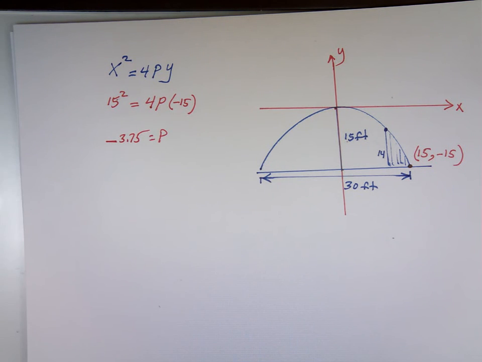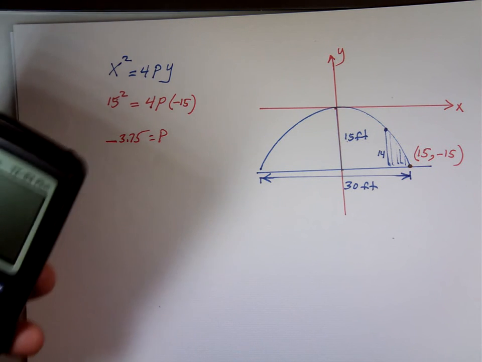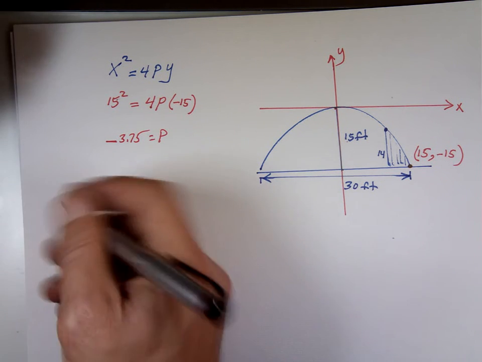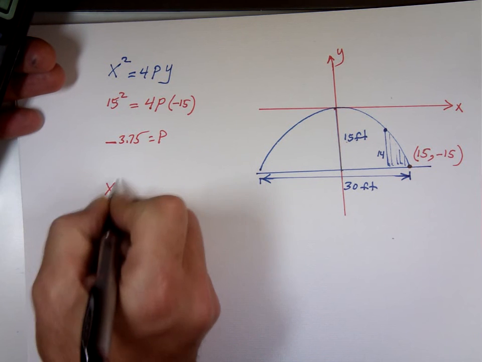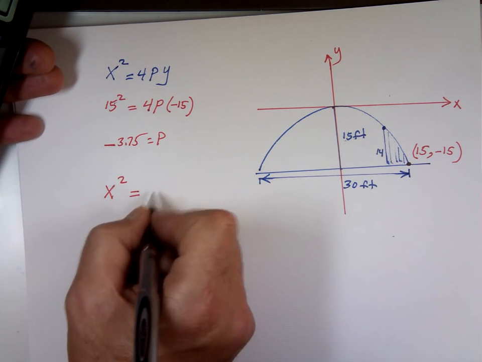Where's my calculator? 15 squared. Yeah. Oh, I forgot to turn it on. So that's correct. So what's the equation that describes that underpass? X squared equals 4 times that number. Is that negative 15y?